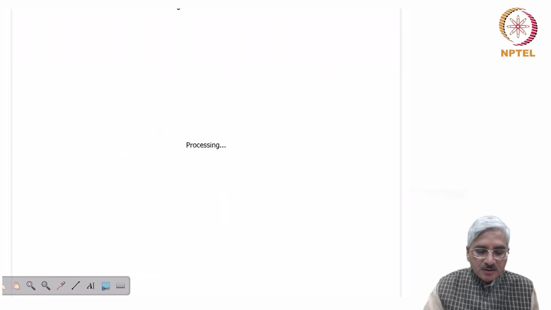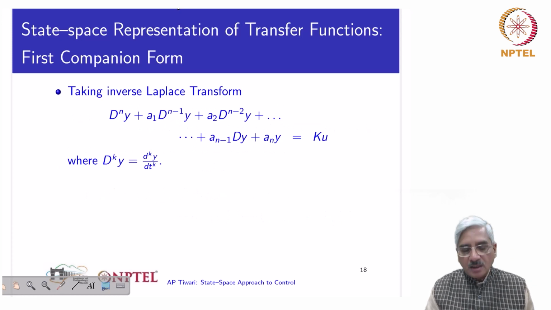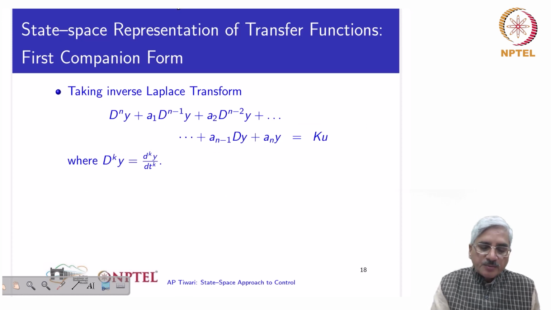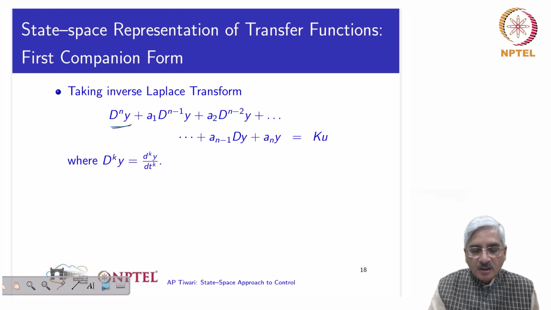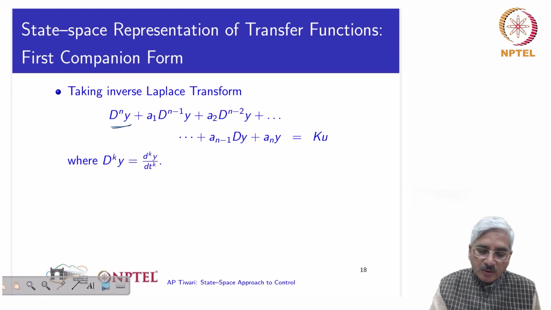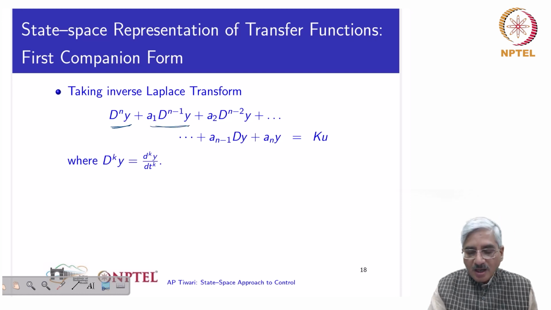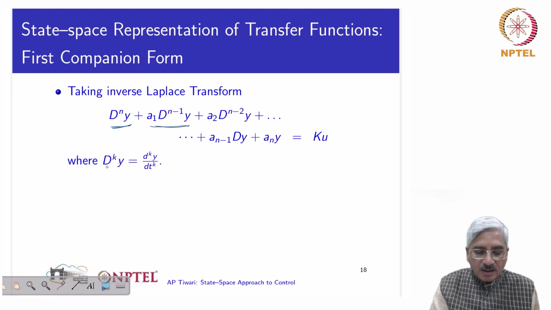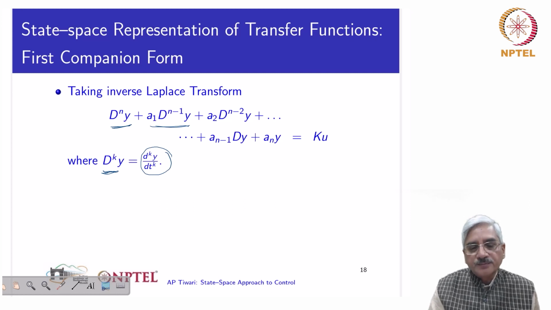Next we take the inverse Laplace transform. So s^n Y(s) becomes d^n y, a1 s^(n-1) Y(s) becomes a1 d^(n-1) y, and so on. Here d^k y is the derivative of y with respect to time, the kth derivative. This has to be kept in mind.